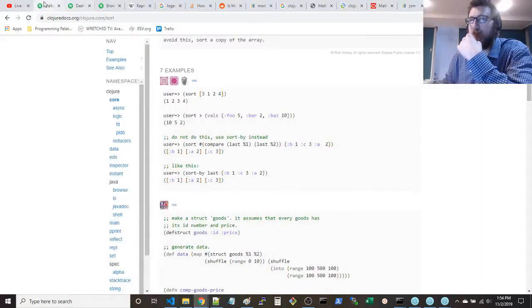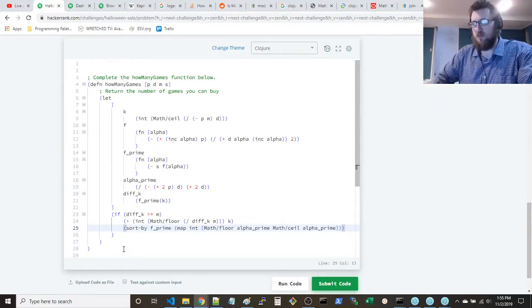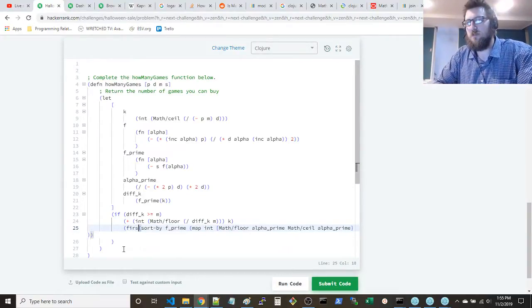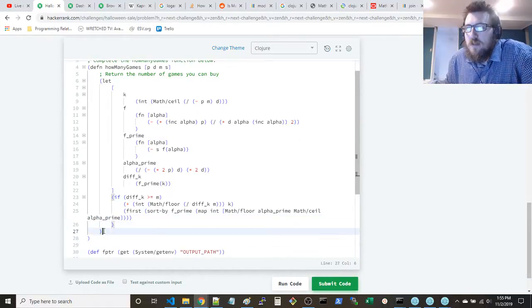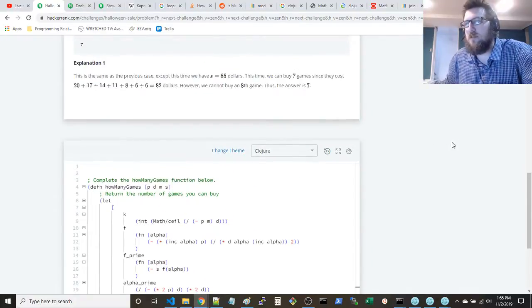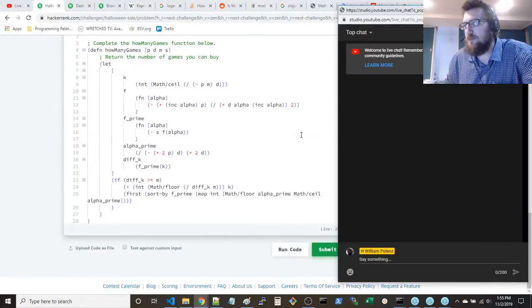So we can just take first of that and return it. Which is kind of neat. And that ought to do that. Should solve the problem. Actually, that should just be it. After that, I think we're done.